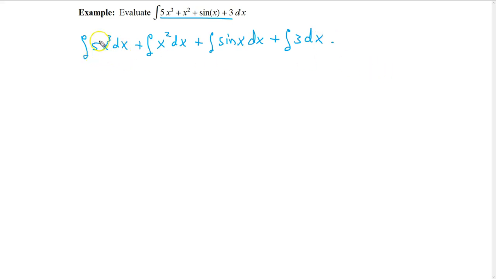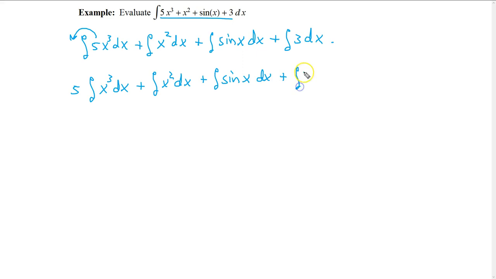Now for the first term right here, that 5 can be moved outside, and we get, now we just have to evaluate each of these.